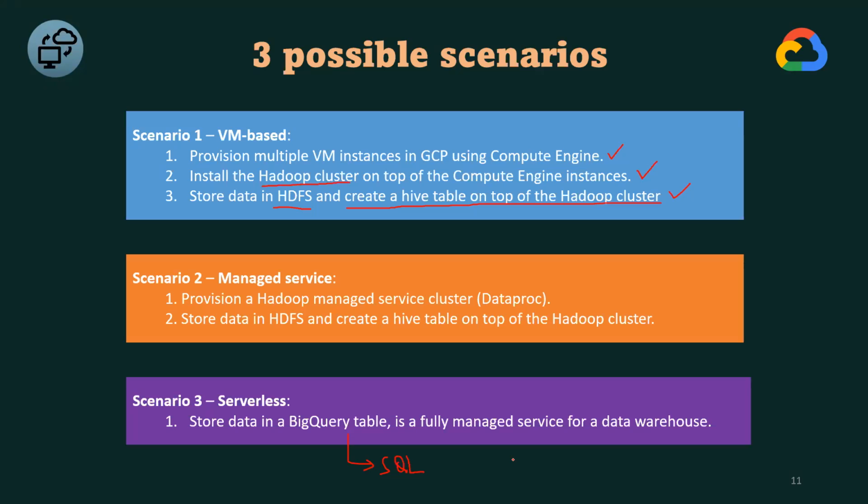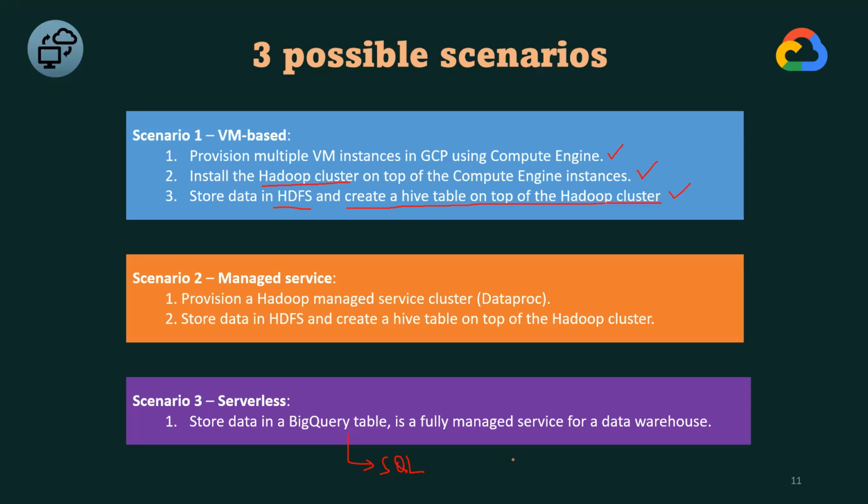BigQuery supports CSV files, JSON files, Avro files, Parquet files, ORC files, all of those formats. Once the data is in BigQuery, it provides a built-in query engine with an editor and a very simple and easy to use interface. You can write your queries in SQL, a very simple language.